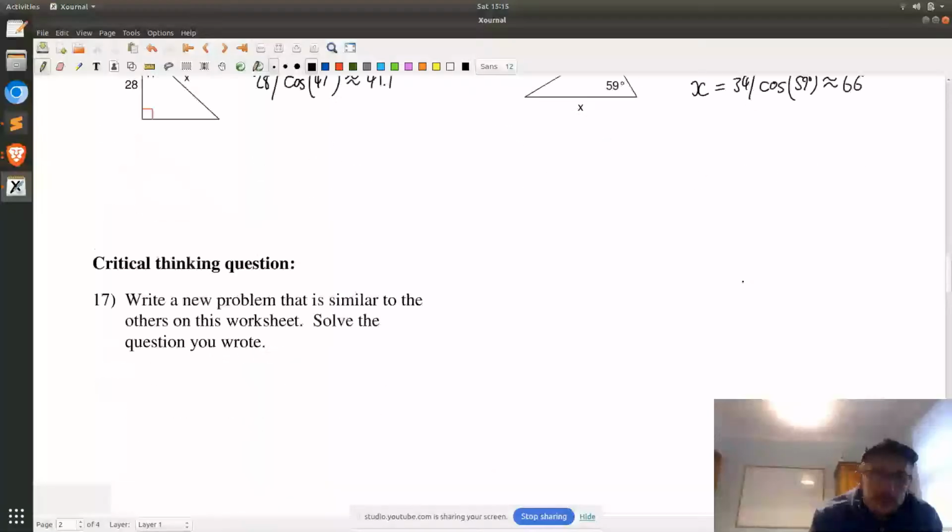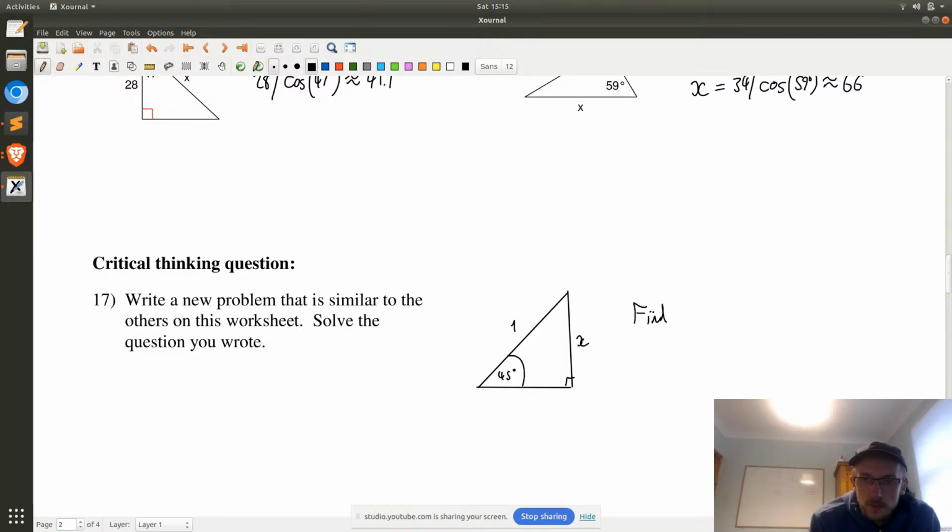All right. The solution is to recognize that this is the 45, 45, 90 triangle, and therefore the hypotenuse is root 2 times bigger than the legs.